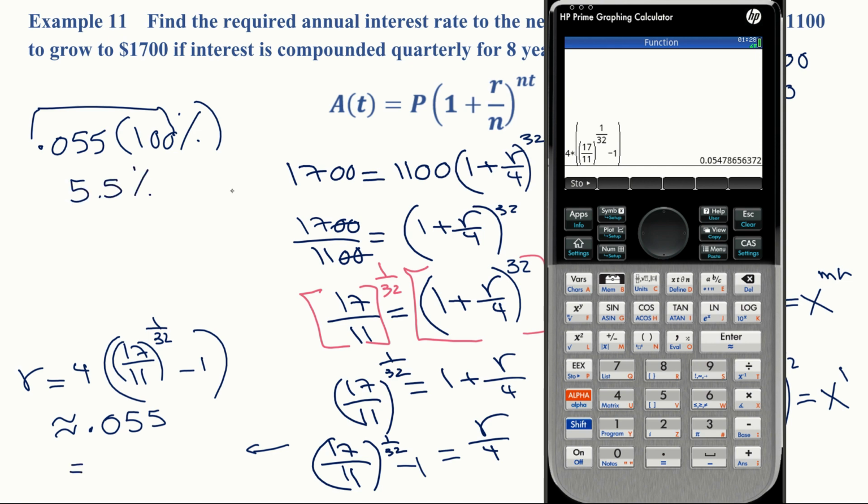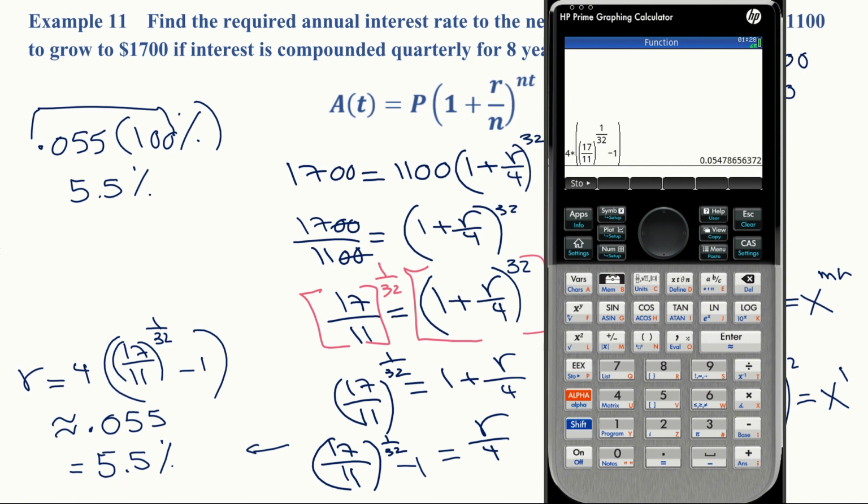Now this I can say equals 5.5%. Of course, this equal sign doesn't mean that my answer is not approximate. As long as you have a chain of signs, as long as there's one approximation, that means your final answer is an approximation. I'm just saying 0.055 itself does equal exactly 5.5%.